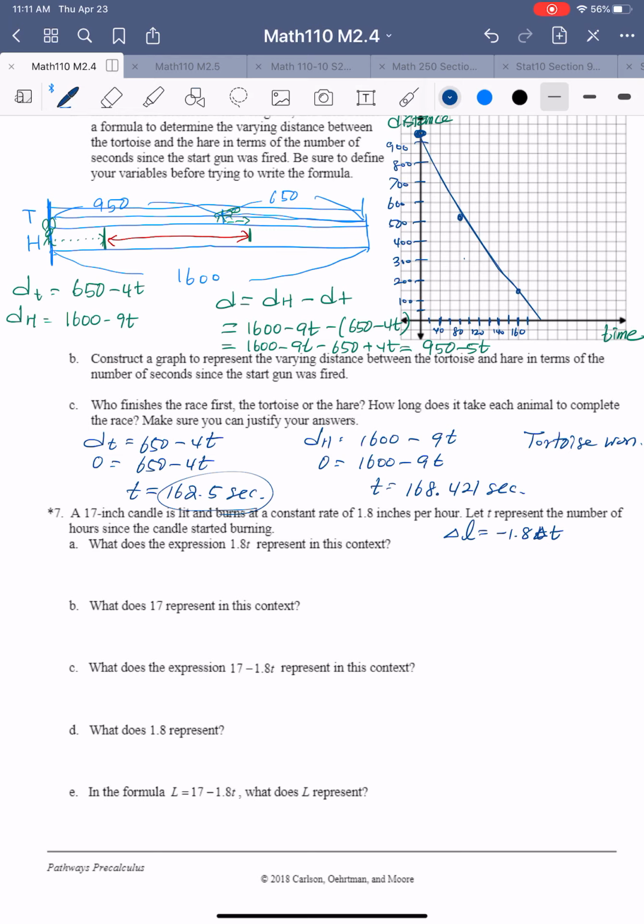What does the expression 1.8t represent in this context? 1.8t is the length of candle that has been burned.